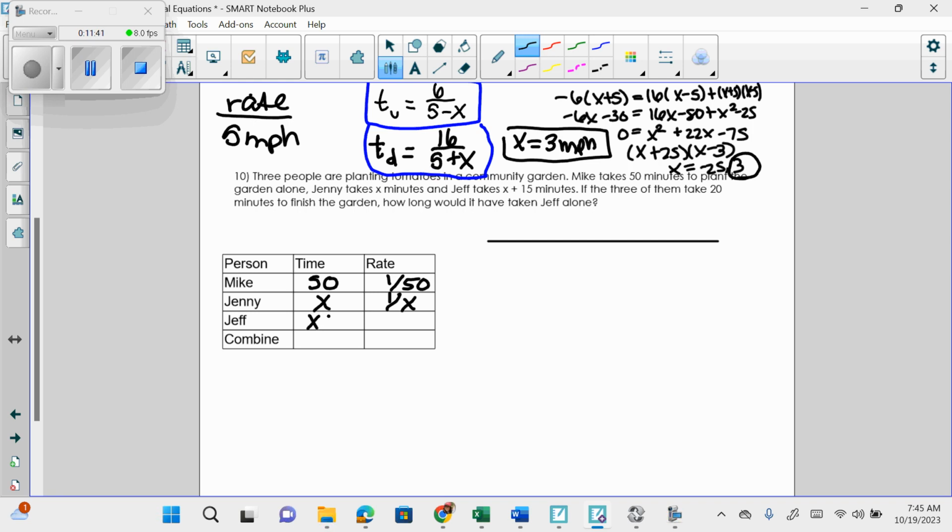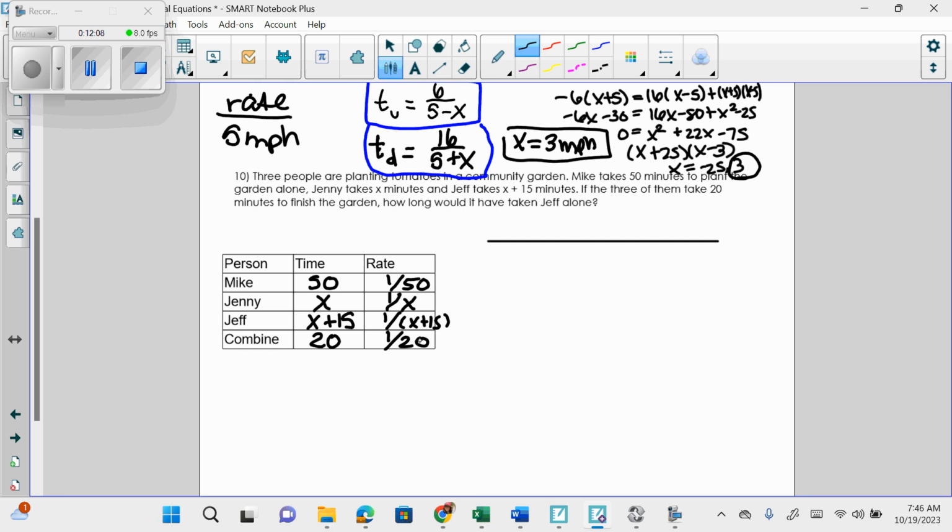Jeff takes x plus 15 minutes, so the rate at which Jeff can plant a garden is 1 every x plus 15 minutes. If the 3 of them take 20 minutes to finish the garden together, I also know that if we combine all of them working together, they can get one garden plot done in 20 minutes.